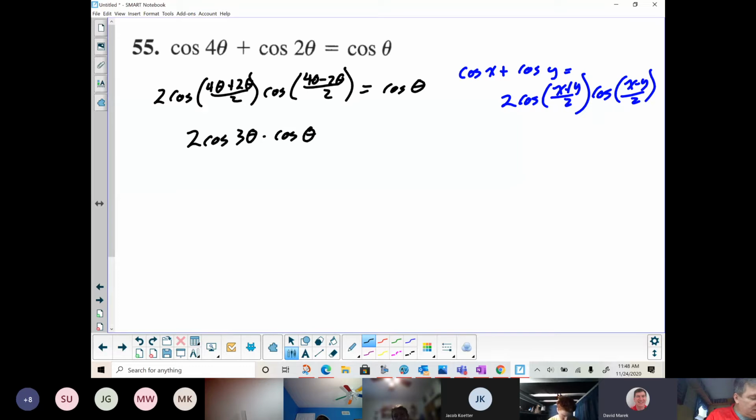Now again, if I have 2 terms, how about I, at the same time here, subtract cosine of 1 theta from both sides. Set the equation equal to 0. Because again, I have a product here of 2 trig functions.